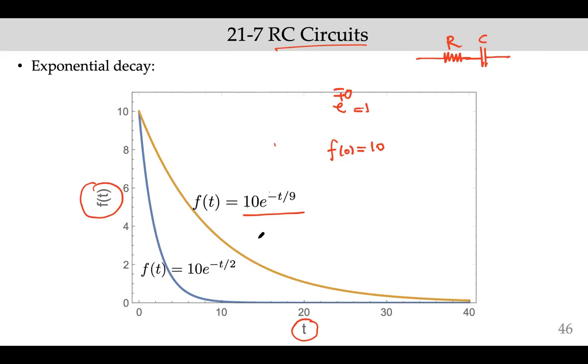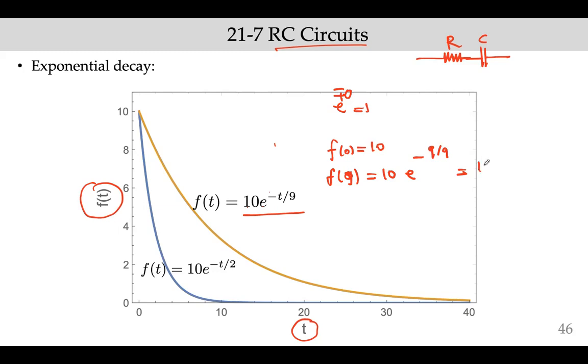Now, if you plug in numbers, when t equals, let's say 5, or let's make it 9. So what do you get? 10 times exponential negative 9 divided by 9.